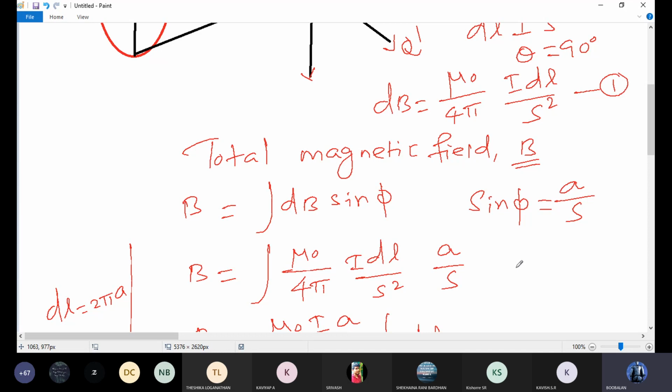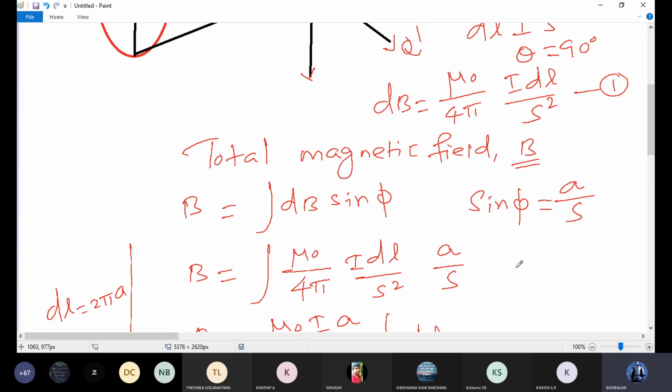There are two rectangular components: dB sin phi along the axis, and dB cos phi perpendicular to the axis. It is along the axis, so we are taking dB sin phi.